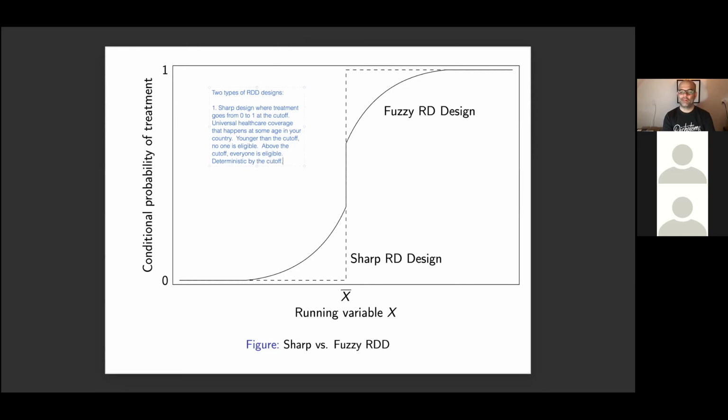The fuzzy design is where treatment probabilities discontinuously jump at the cutoff. So below the cutoff, use was positive, and above the cutoff was also positive, but you can see a jump that happened at the cutoff anyway.